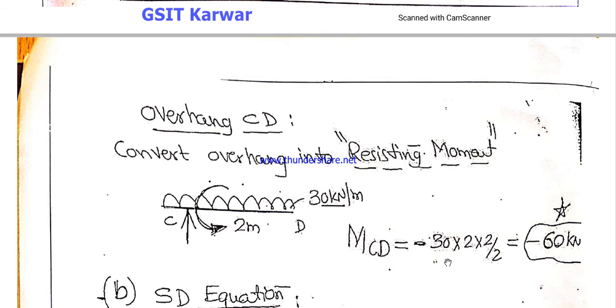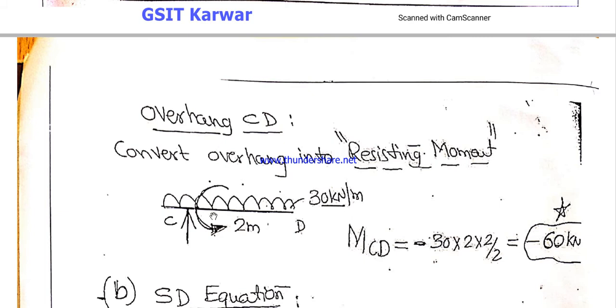So 30 into 2 is the total load. 30 into 2 is multiplied by the perpendicular distance, where this load is acting at the exact center. The total distance is 2 meter, dividing by 2 means the distance from C is 1 meter.